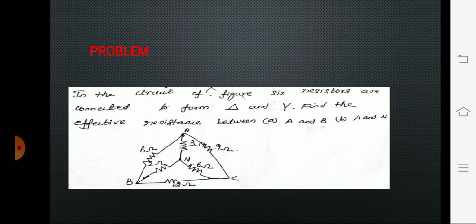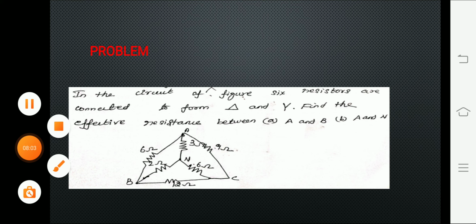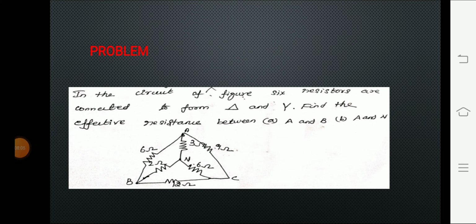Next one, in the circuit of the figure, 6 resistors are connected to form delta to star. Find the effective resistance between A and B and between A and N. In this problem, A and N is a homework one.